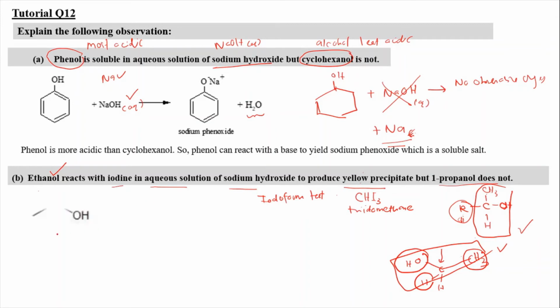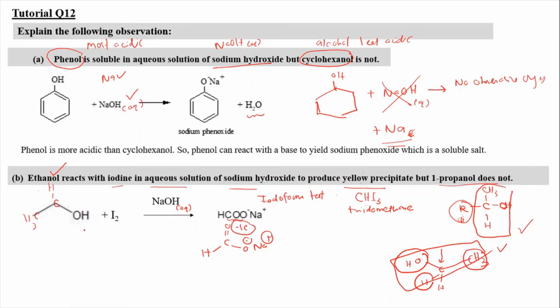So let us draw ethanol. This shows a methyl carbonyl. It can react with iodine in the presence of aqueous sodium hydroxide to produce a carboxylate ion, which is C double bond O, O minus, Na plus, and H here. For the carboxylate ion, you can see that the number of carbon reduces by 1.